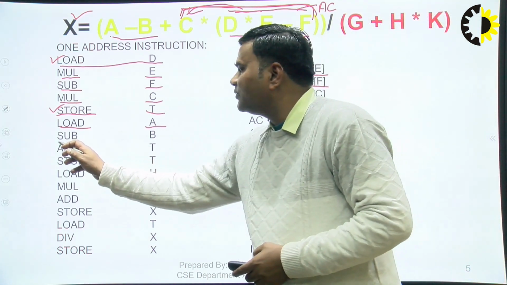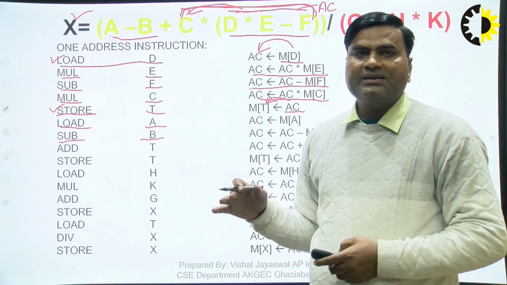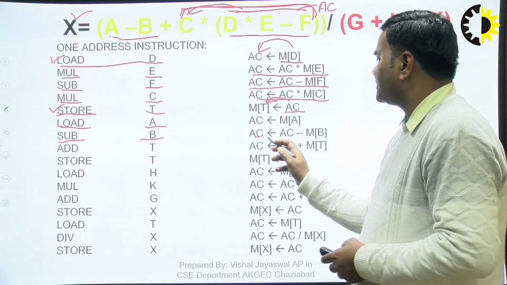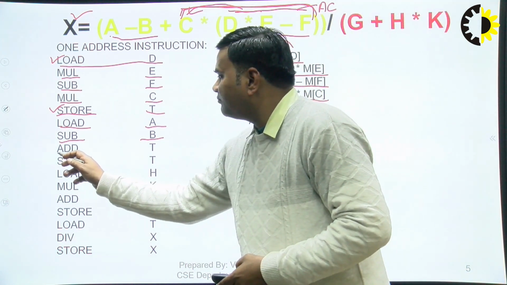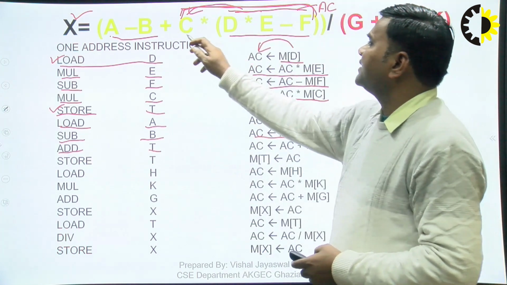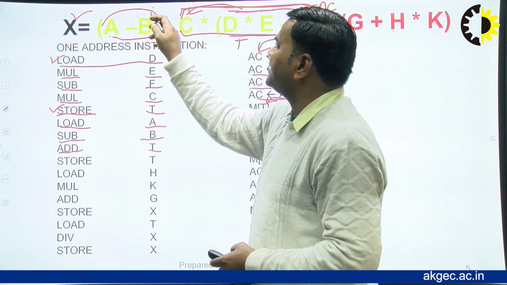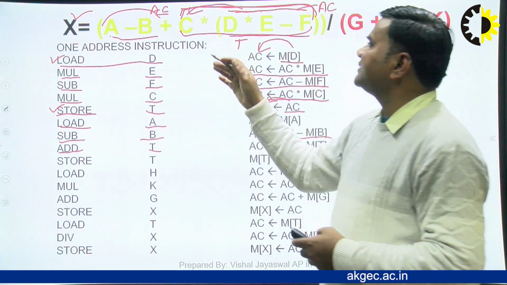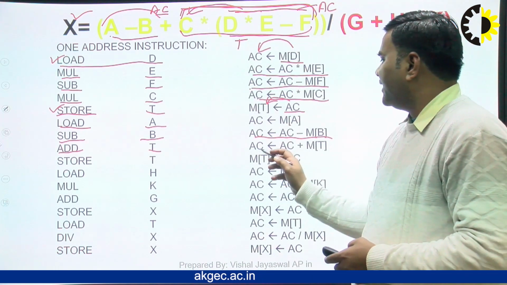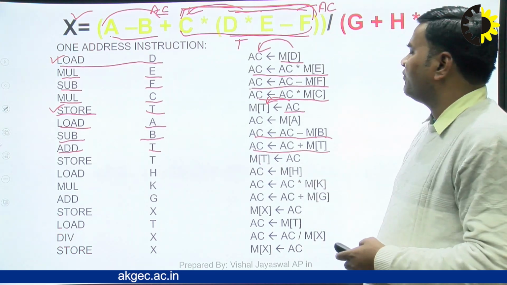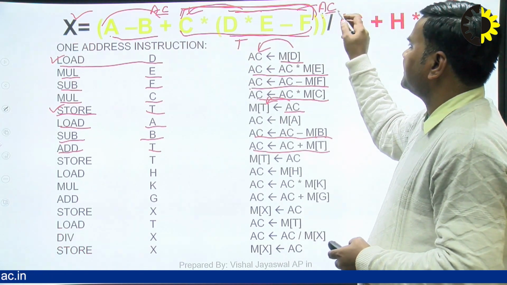After that we use the subtract operation, meaning we subtract B from the AC and store the result in AC, that is AC tends to AC minus M of B. After that we add T, because the earlier part is stored in the T memory location and the current A minus B part is in AC, so we have to add AC plus T. For this we use add T, that is AC tends to AC plus M of T, and the whole numerator part is solved and is in AC.